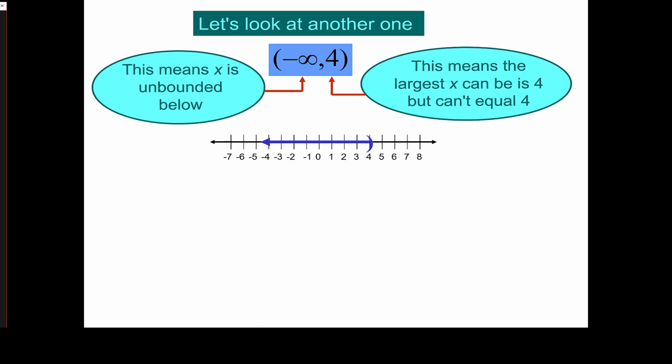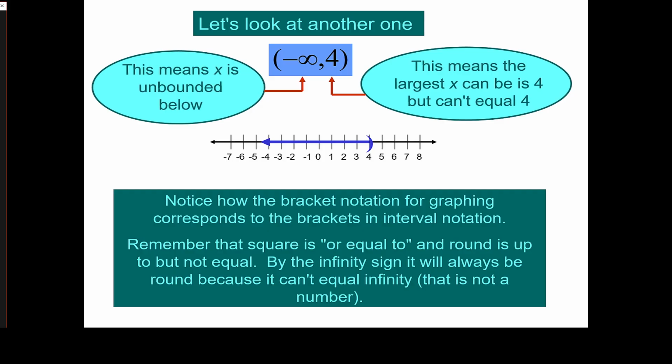On a number line, we have here an open bracket, and it goes down to negative infinity. Notice how the bracket notation for graphing corresponds to the brackets in interval notation.